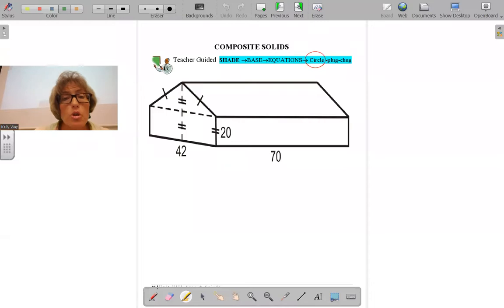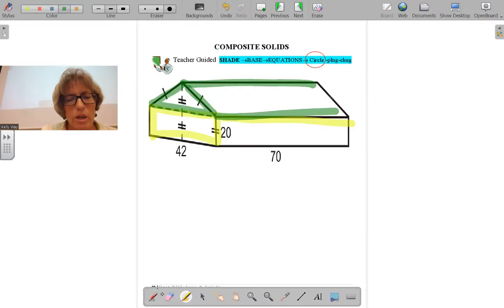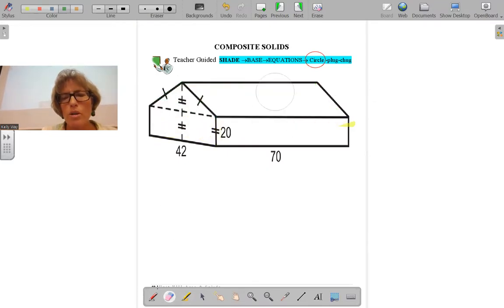This last one I'm going to do with you, it is called a composite solid. So it is made up of 2 different solids, if you will. We have a rectangular prism here, and we have a triangular prism there. But we're going to treat this as one single prism.